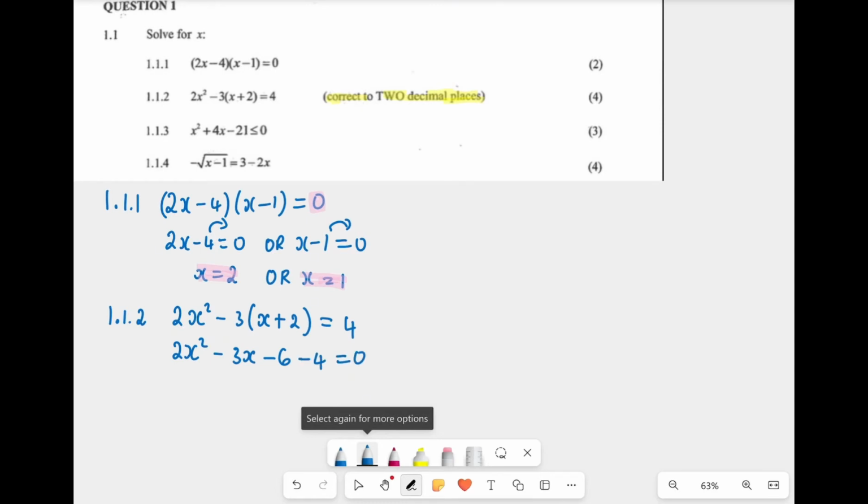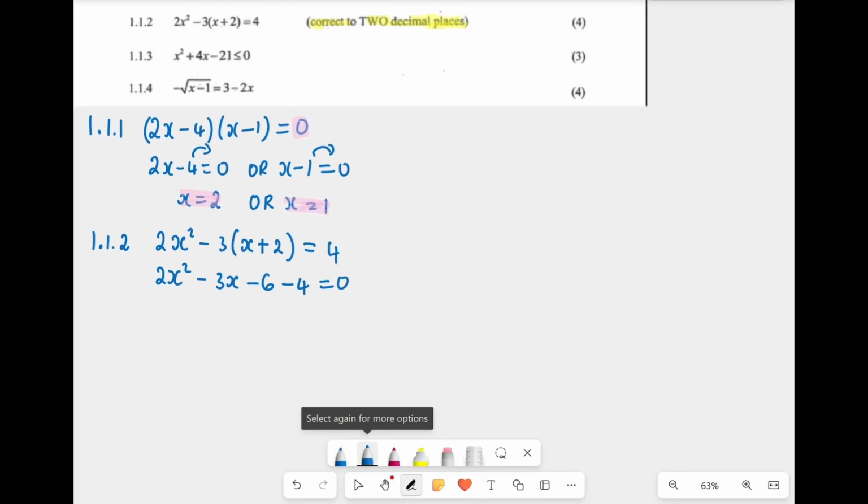This is equal to 0. Then add the like terms: −4 − 6 will be −10. So I am going to have 2x² − 3x − 10 = 0.